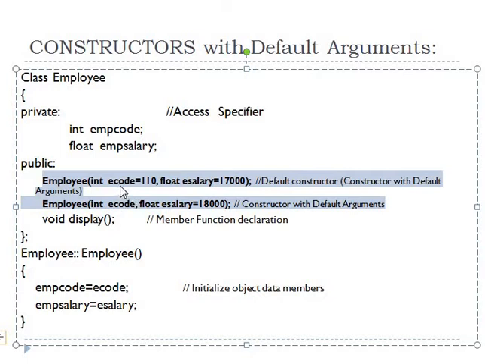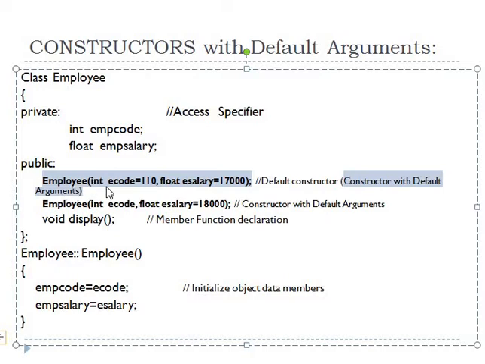Their parameters are eCode and eSalary. Let's come to the first constructor. It contains parameters eCode and eSalary. The parameter eCode has been assigned the default value as 110, and the parameter eSalary has been assigned a default value of 17,000. So this is a constructor with default arguments.